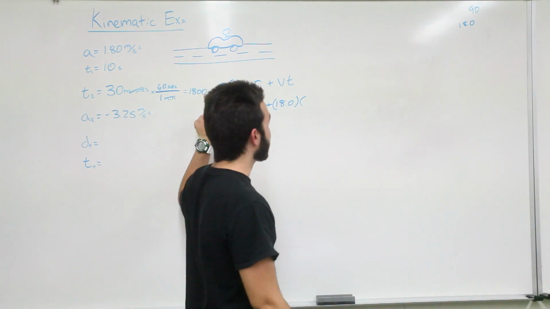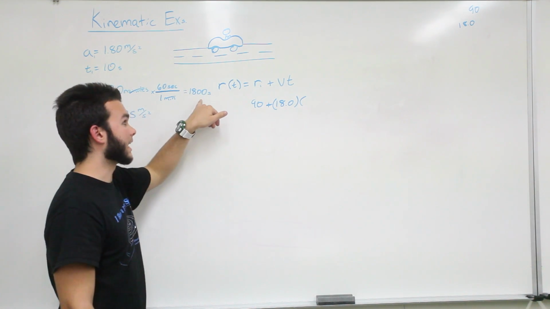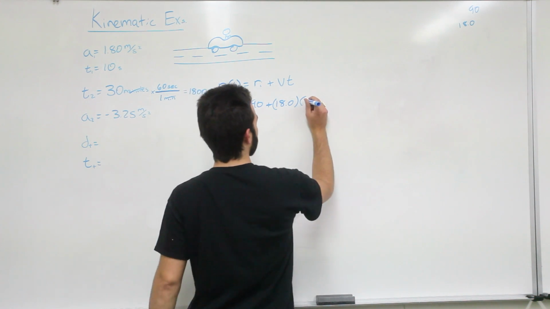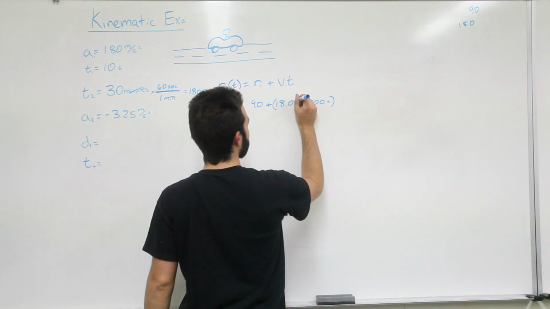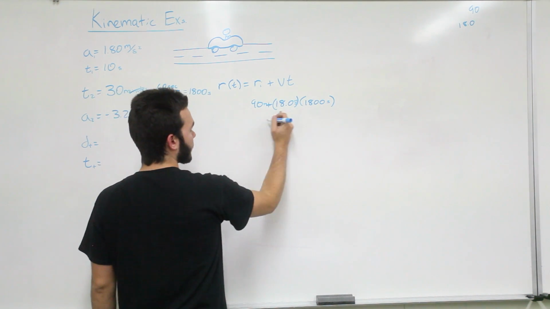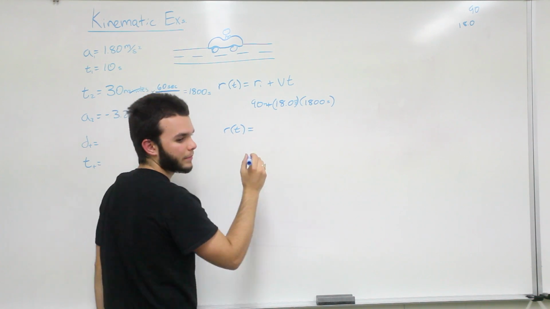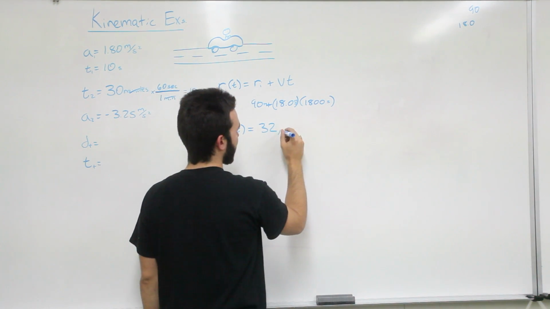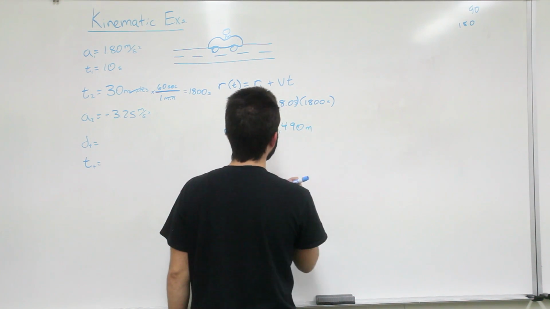This is the time that we put into this equation, because this time is in seconds. If it's not in seconds, it's going to give us a different number. Velocity is in meters per second, and this is in meters. So we calculate that, and we have that our distance at some time is going to equal 32,490 meters.